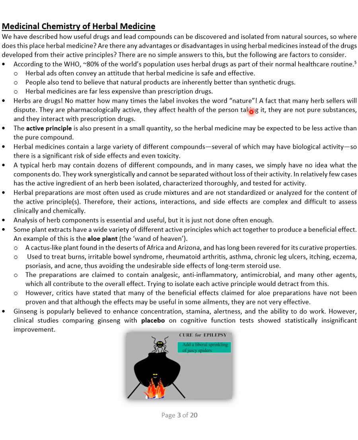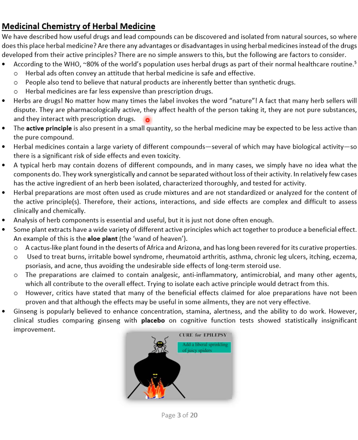Frankly, these herbs contain chemicals, they have pharmacological activity, they can affect the person's health, and they are not pure substances. In fact, they are far away from pure substances. They are a complex of many substances, as we'll explain shortly. And on top of that, they can interact with many prescription drugs.